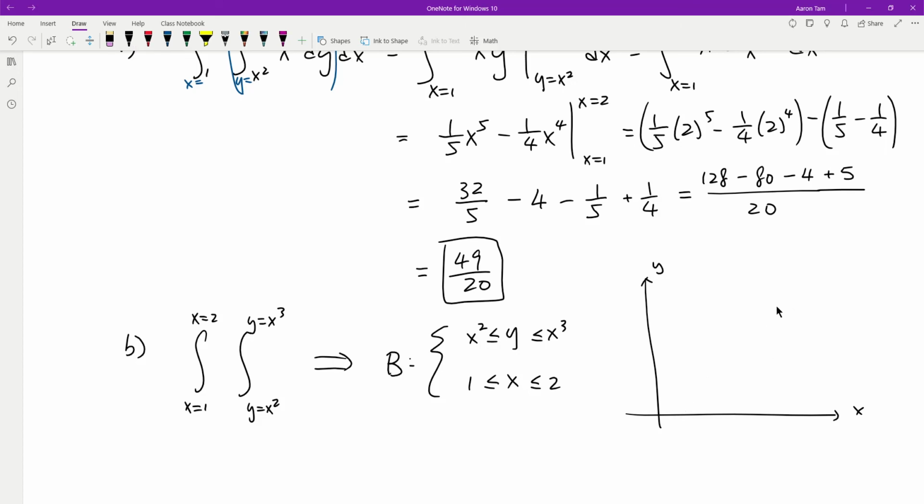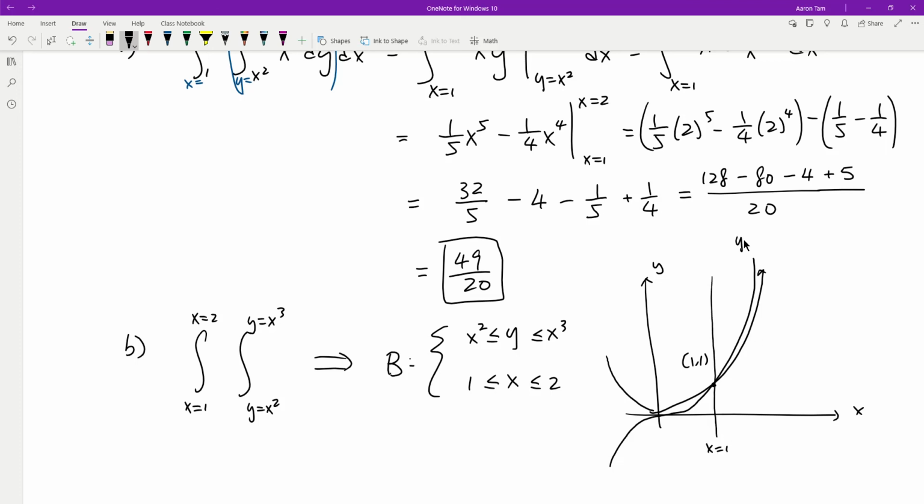Actually, you know what? Maybe I will go something like this. And then y equals x to the third goes something like this. You actually have an intersection at the point 1, 1. And after that, x to the third will be on top of the x squared. So that would be where x equals 1 is.